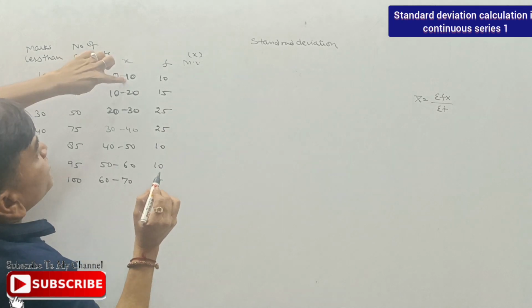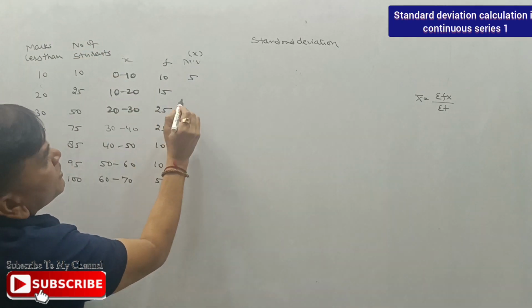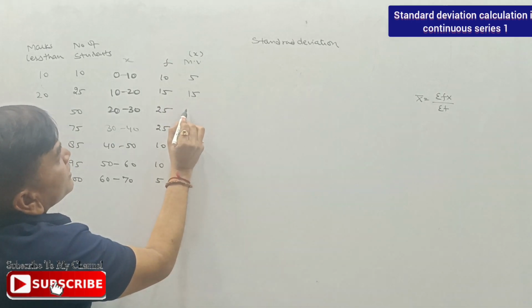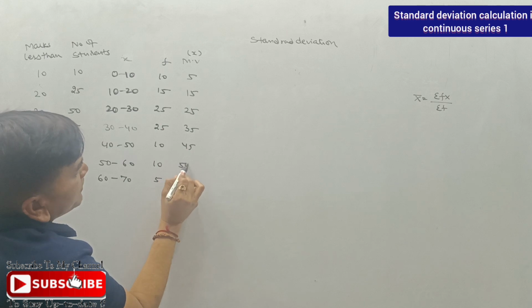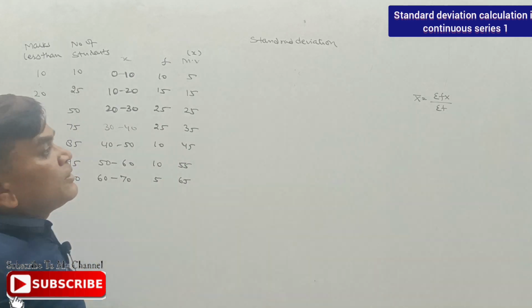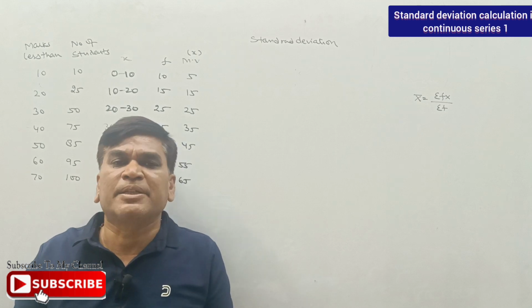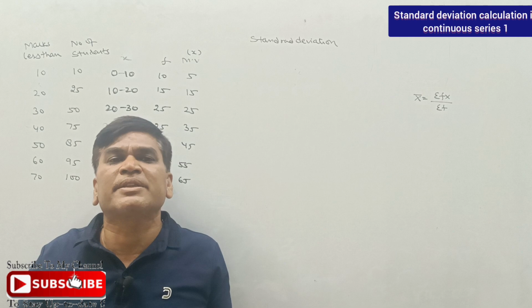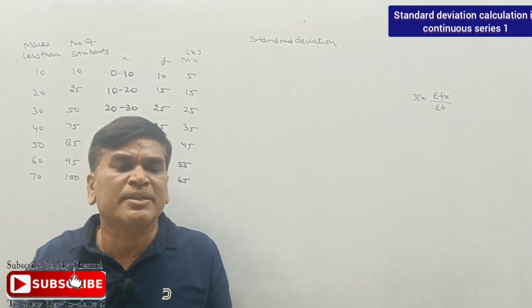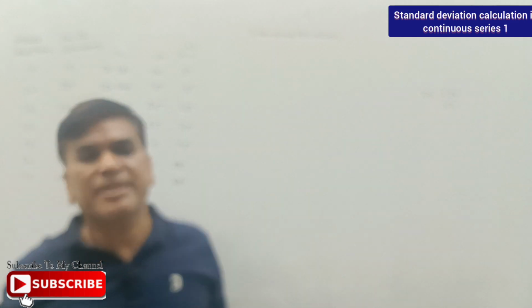So 0 plus 10 divided by 2 is 5, 10 plus 20 divided by 2 is 15, and similarly 25, 35, 45, 55 and 65. For calculating standard deviation with the direct method, we first want the actual arithmetic mean. The formula is x bar equals sigma fx divided by sigma f.